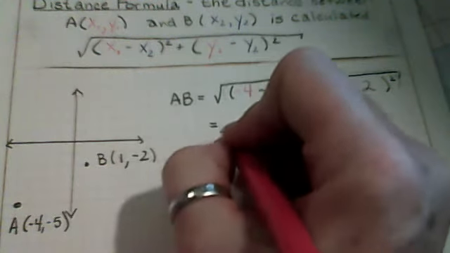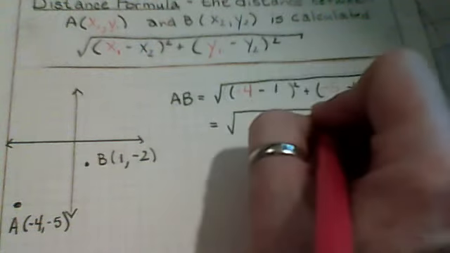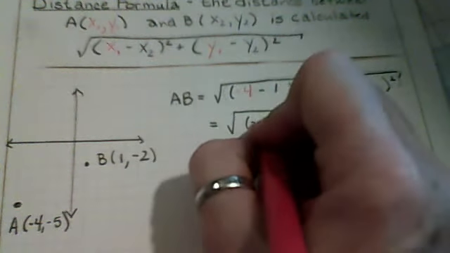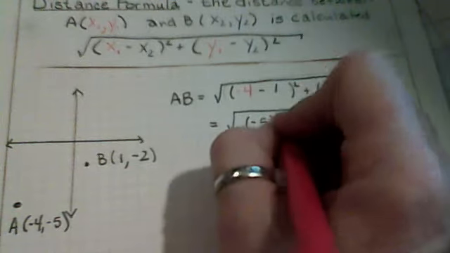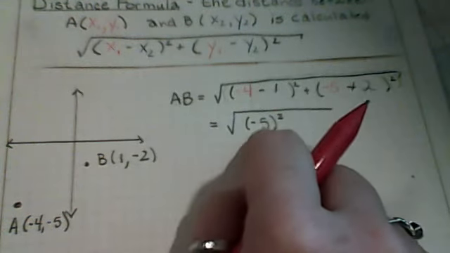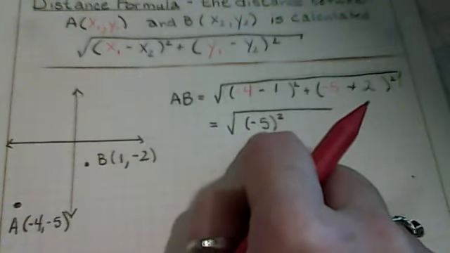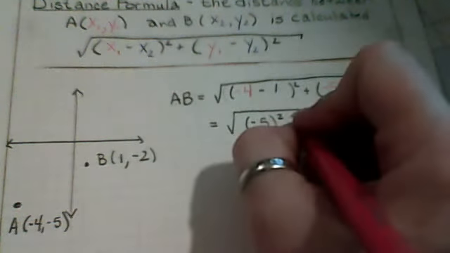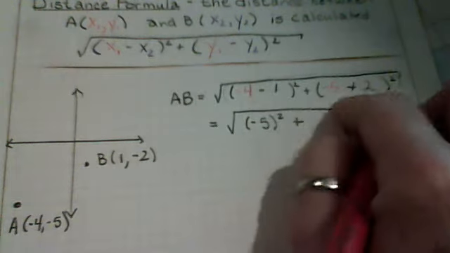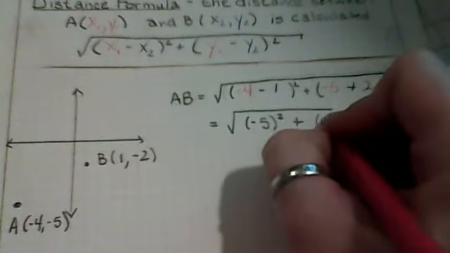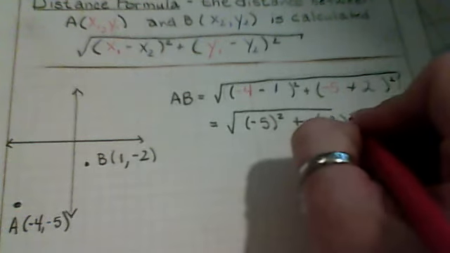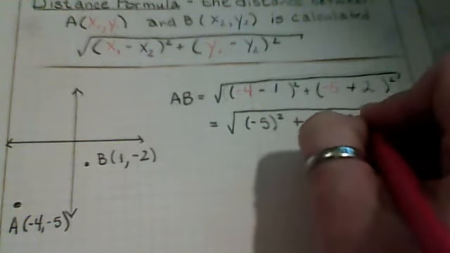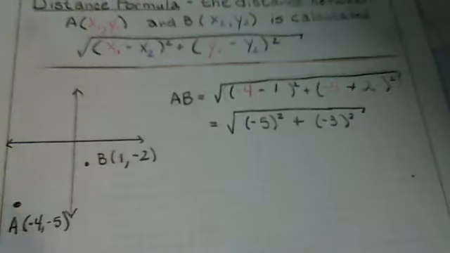So I'm going to come over here and I'm going to go the square root, and -4 minus 1 is -5, quantity squared. Now notice it's this quantity that I'm squaring, so I need that number to be in the parentheses, plus -5 plus 2 would be -3 quantity squared. And again, I'm going to bring it over and put a little hook there that shows that that's where I'm ending.